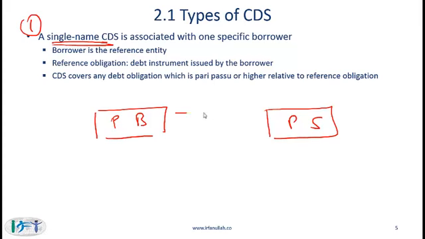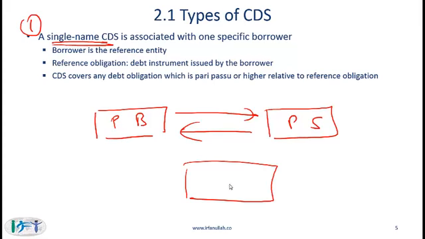The protection buyer makes premium payments and the protection seller will make a contingent payment if there is a credit event. Now, underneath this, we have only one specific borrower. The borrower is called the reference entity.